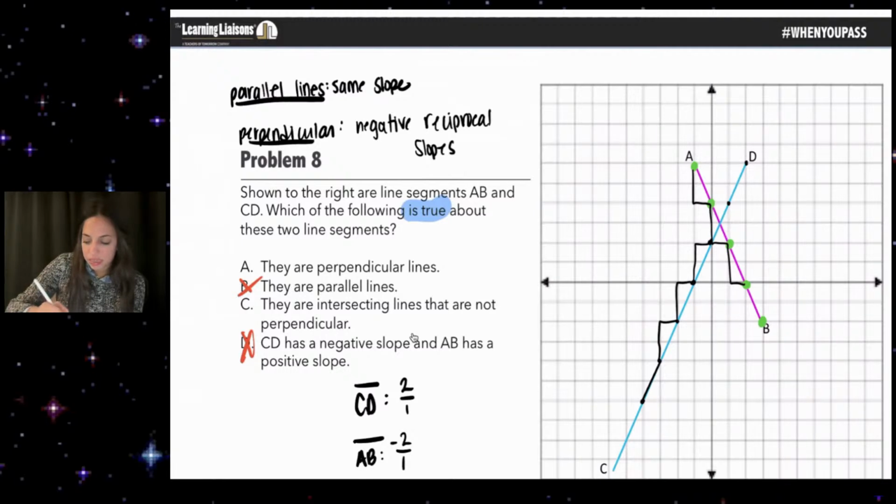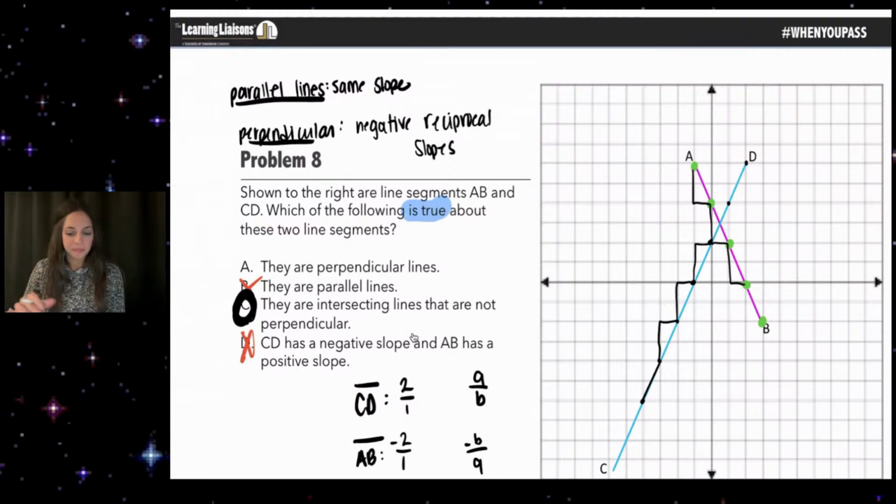So if this is the slope of CD, then AB would have to be negative B over A. And in this case, it's AB and negative AB. So these are just intersecting lines that are not perpendicular.